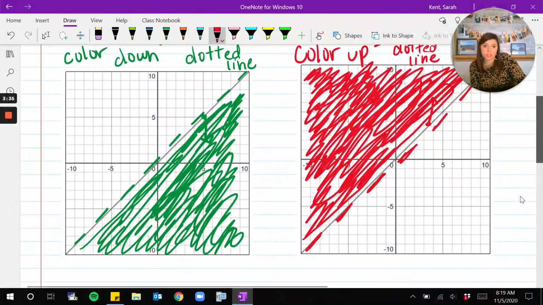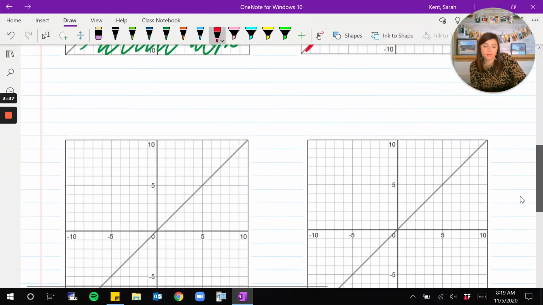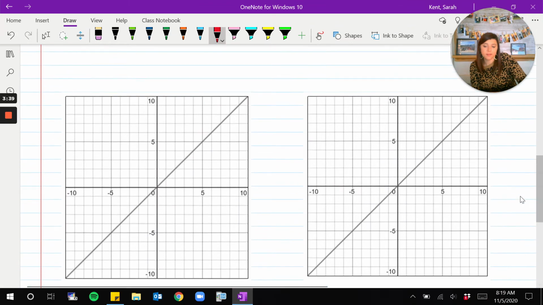All right, we've got two more. So on our next one, we would have less than or equal to. So again, we have our down arrow. So we want to color down from the line.